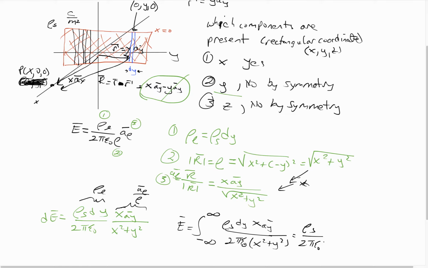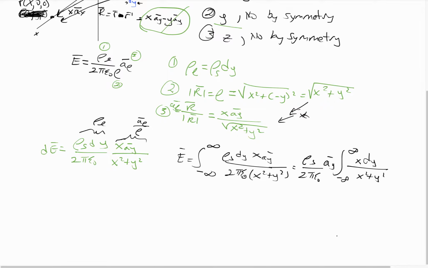Let's see what else. We're not integrating with respect to x, so we can pull that out, and leave the unit vector here. And then we have the integral from negative infinity to infinity of x dy over x squared plus y squared.